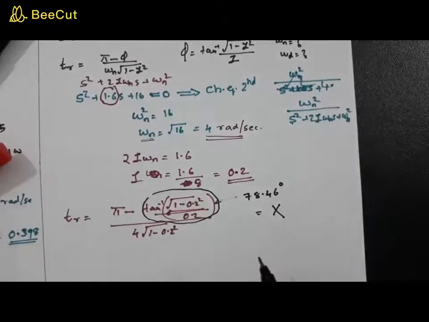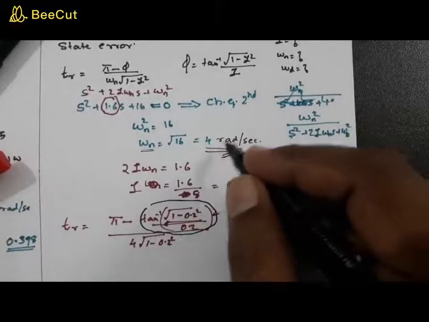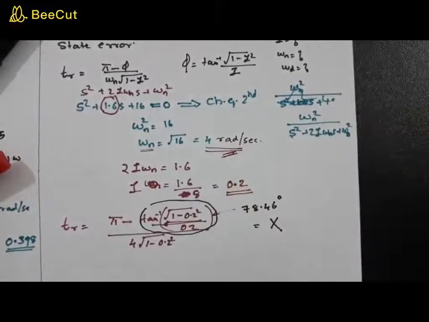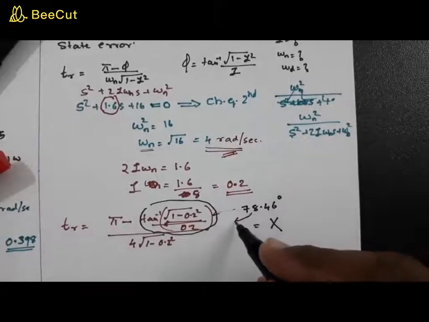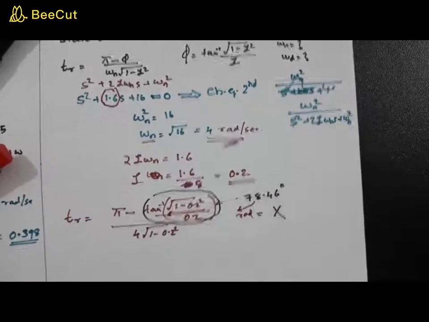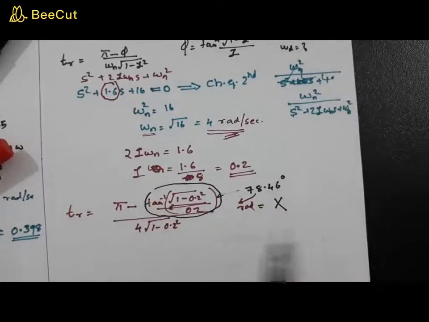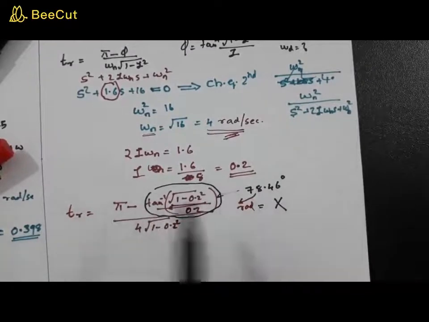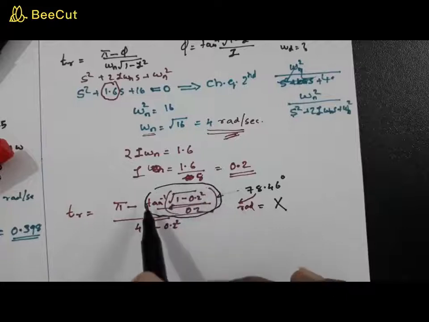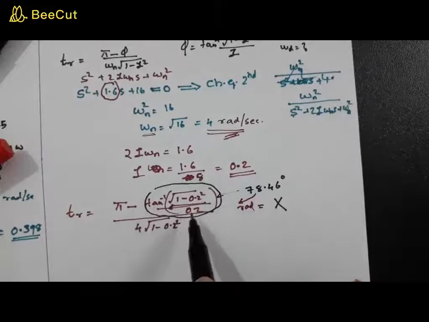So what you need to do is, we have already looked at this, we have substituted omega n, which is in radians per second. So all the angles will be in terms of radians. This is in degrees, and it is to be converted to radians, right? So either you may do this problem in the radian mode, and don't forget to switch to radian mode, or you may find the angle in degrees and later convert.